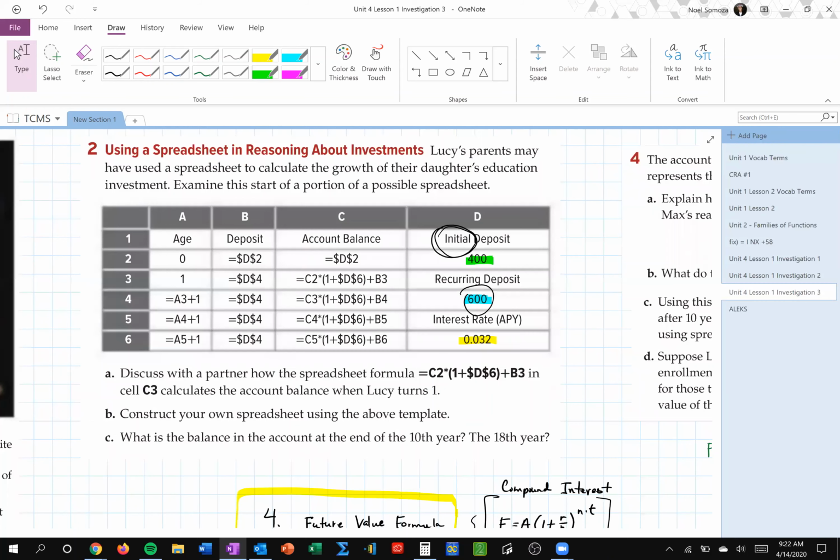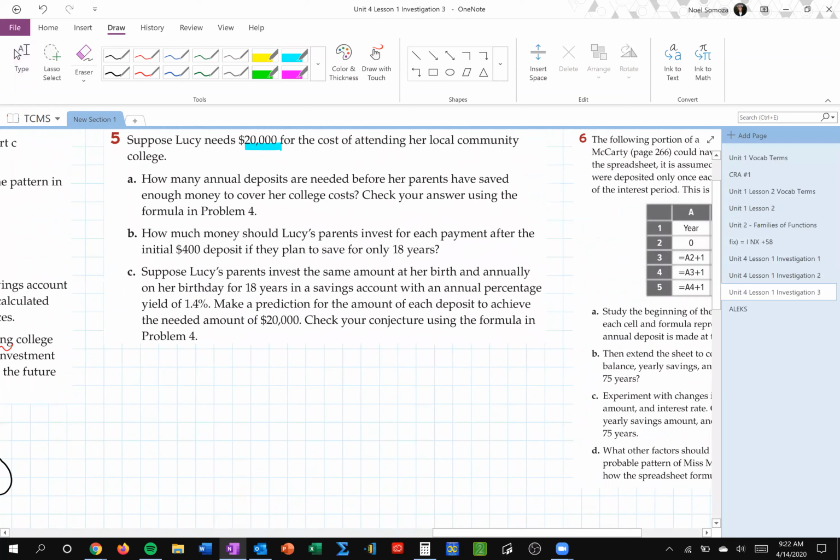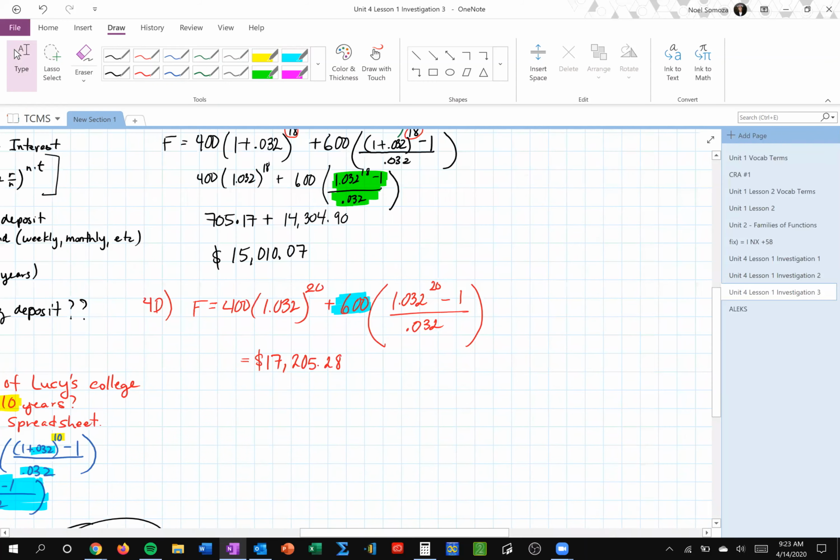And so far, you can tell that even if the parents had saved for 20 years, they wouldn't have reached that goal, because they would have been short about $3,000. So then what we need to find out is how many years they really need to save before they can actually afford to send her. That can give us a more precise number of years for which they need to save.